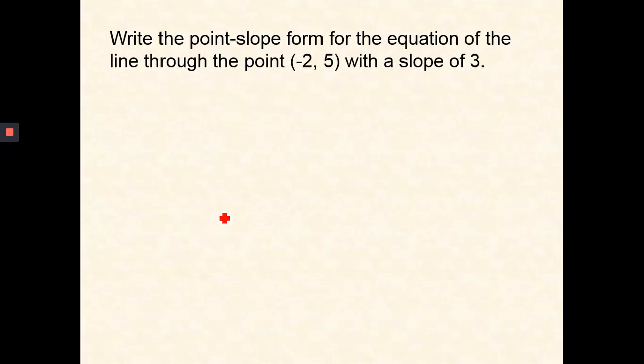Okay? The next one. What if we have this one? Write the point slope form for the equation of the line through the point -2, 5 with a slope of 3. Okay? So you're going to rewrite it in point slope form. So you're just going to plug in y minus, what is your y sub 1?